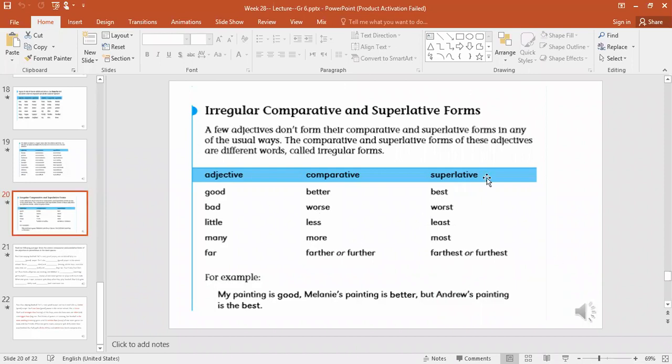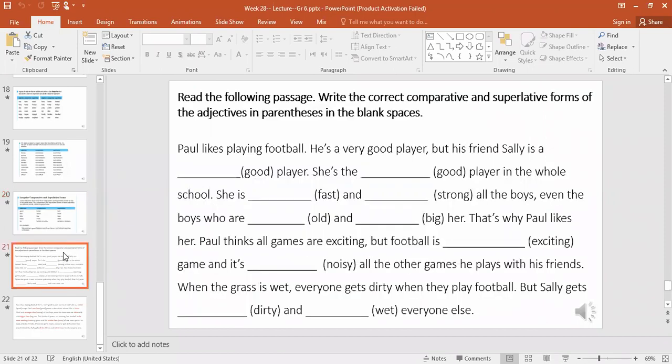As I told you, these should be memorized. Clear till now? Yes. We have an exercise here. I want you to start solving it. You have to change the adjectives into the comparative and superlative form. Please, before you start, read the whole sentence and then write your answer, because it won't be clear whether you have to use the comparative or superlative unless you read the sentence. Yalla, go ahead.